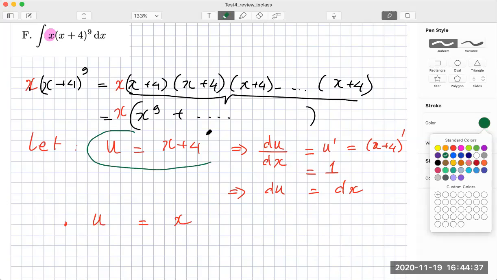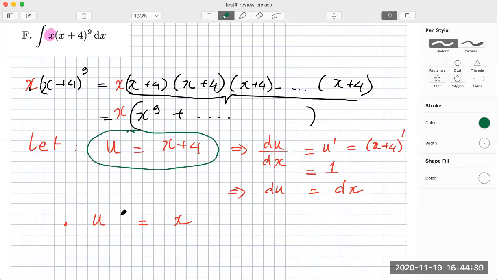From this equation, it would just be u equals x plus 4. We subtract 4 on both sides, right? Yes. Then okay, very good.